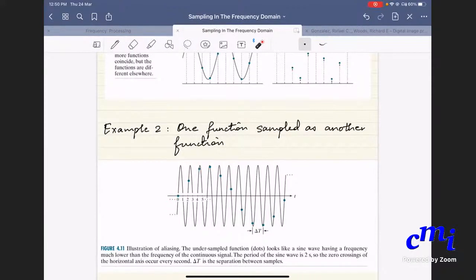So the original function is being sampled as this function. That is why it's called aliasing, because one function is showing up as some other function. There is a false identity. That is why the effect is called aliasing: one function being sampled as another function.